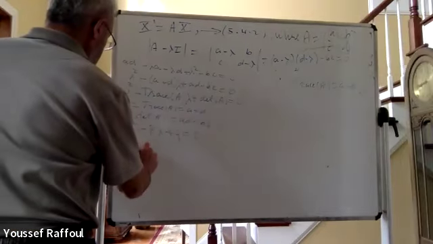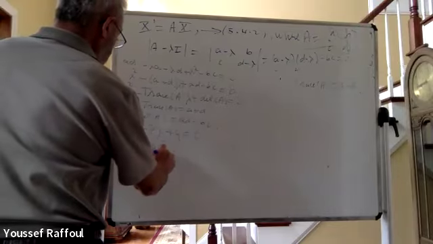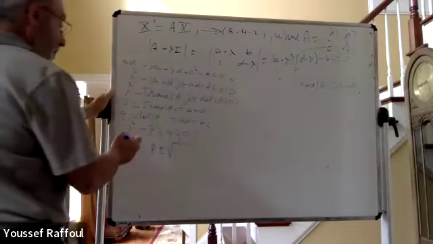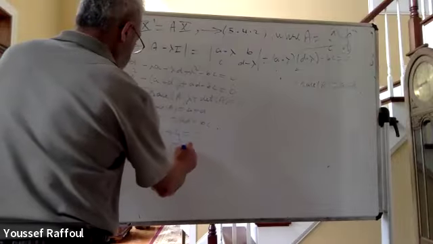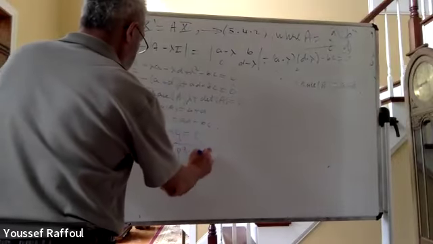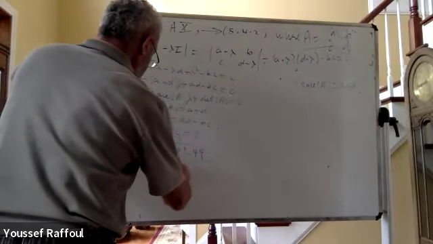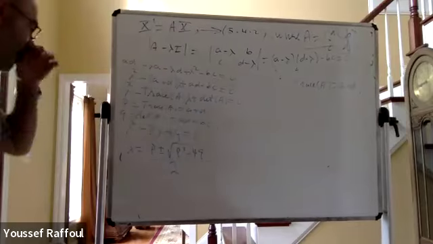So lambda equals p plus or minus the square root of p squared minus 4q, over 2.